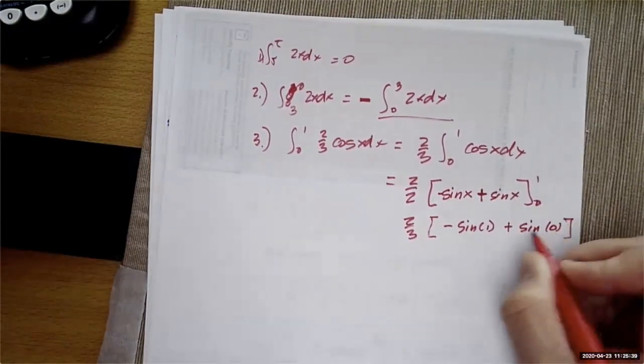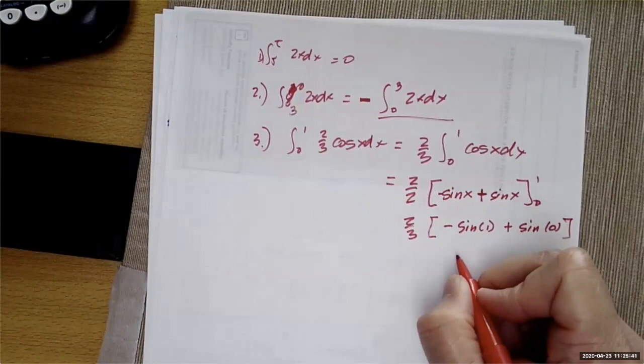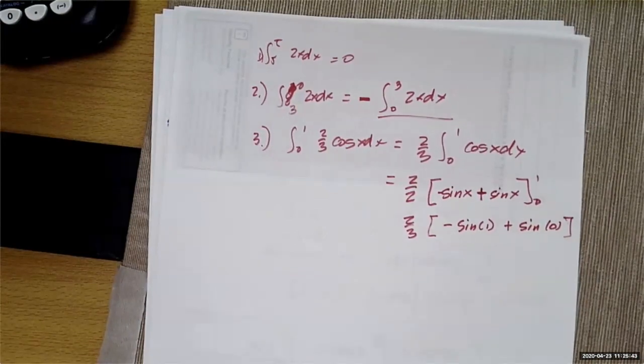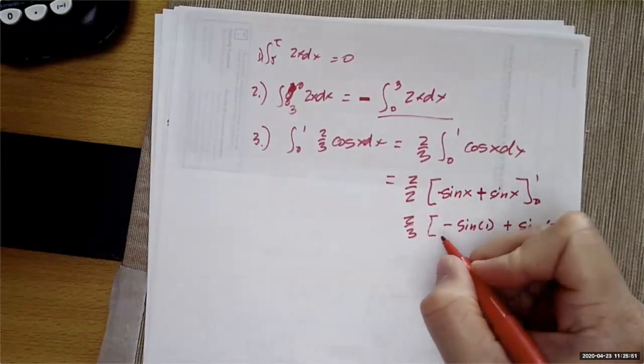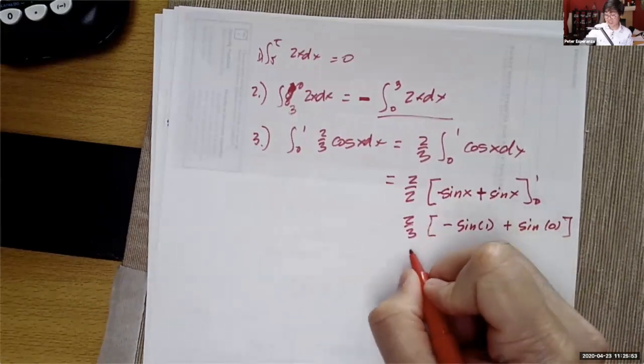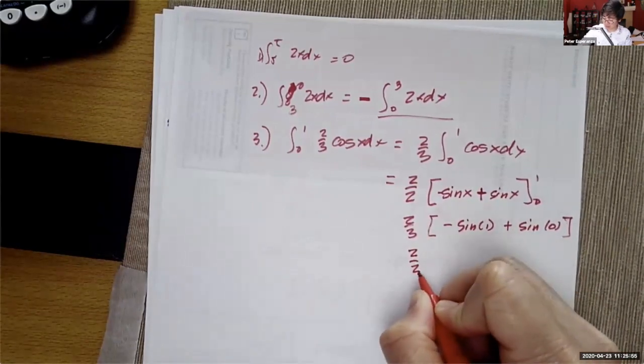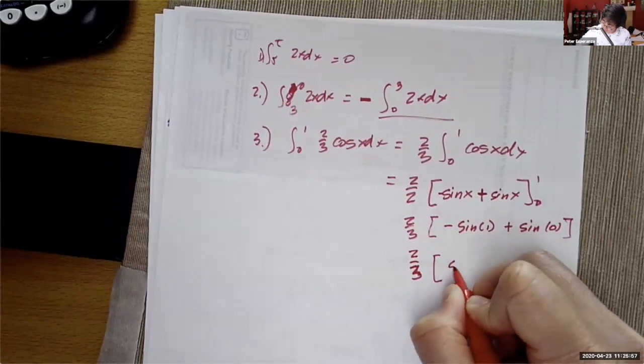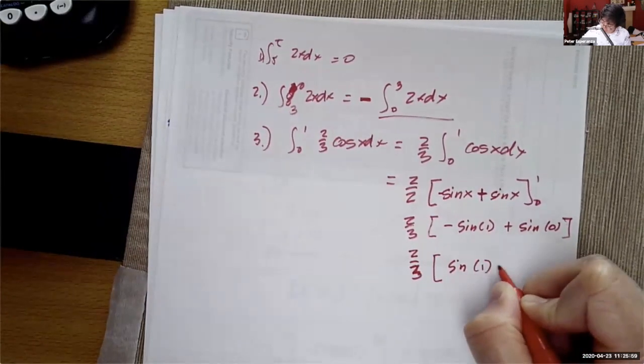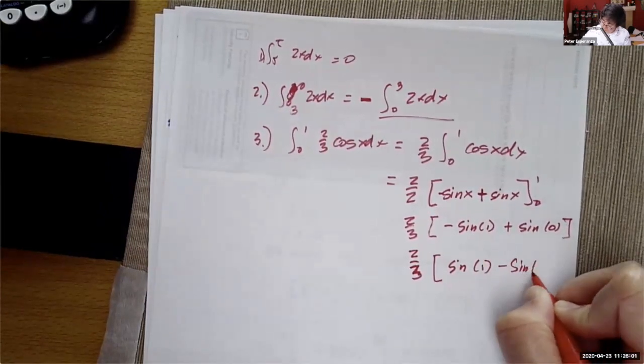Hey, just kidding, it's positive. Are you sure? Yeah, Rebecca? Yeah. So how is this going to change our answer? It's going to be 2/3. It's just a minor fix. Change the sign. Sine 1 minus sine 0.